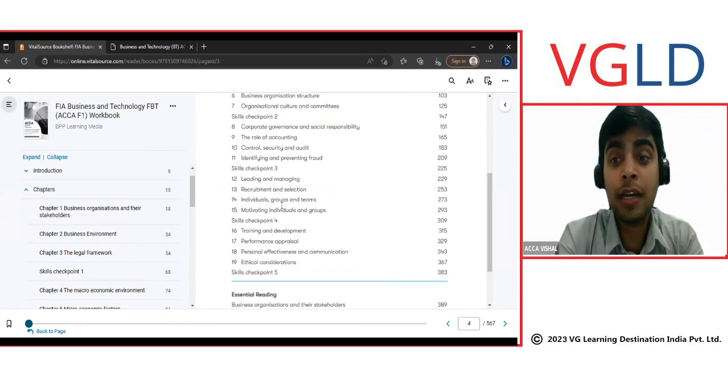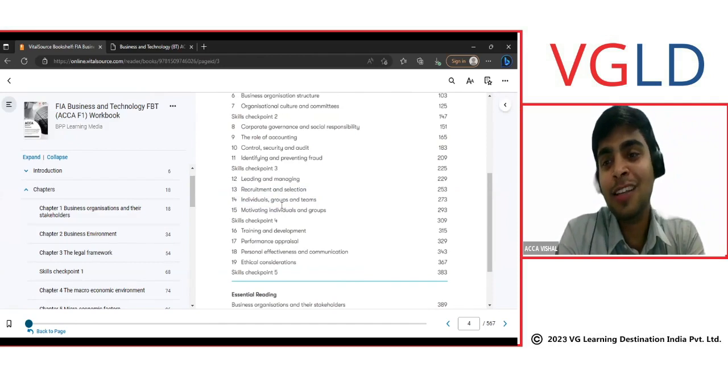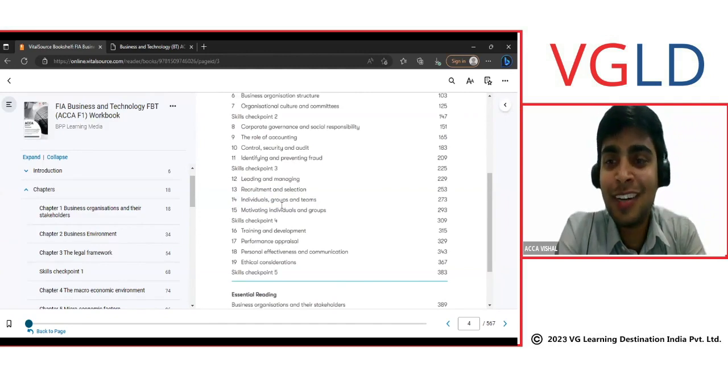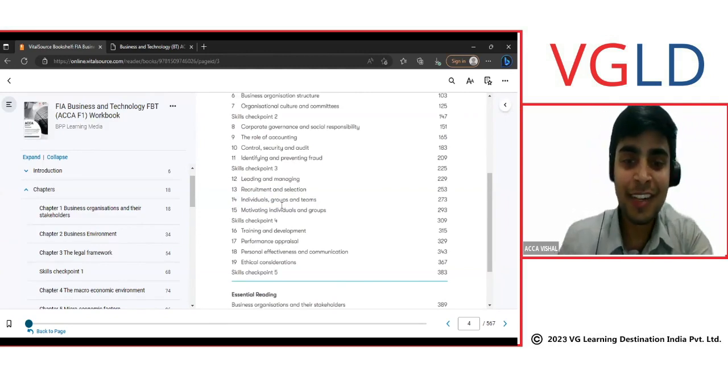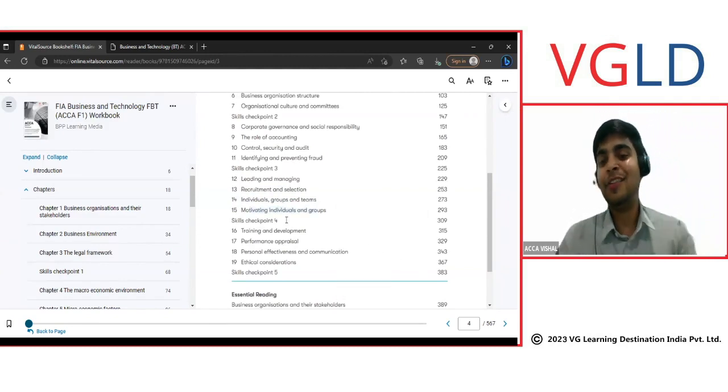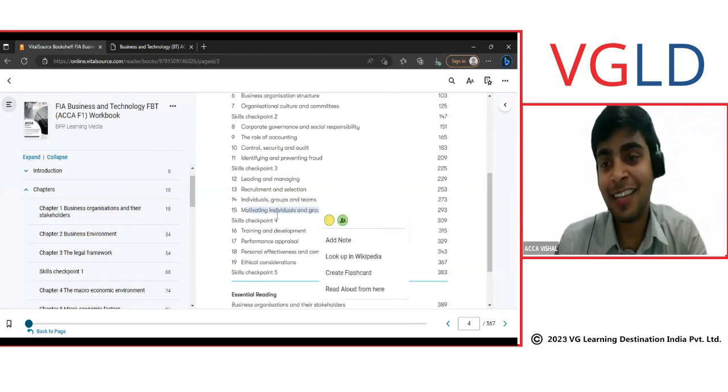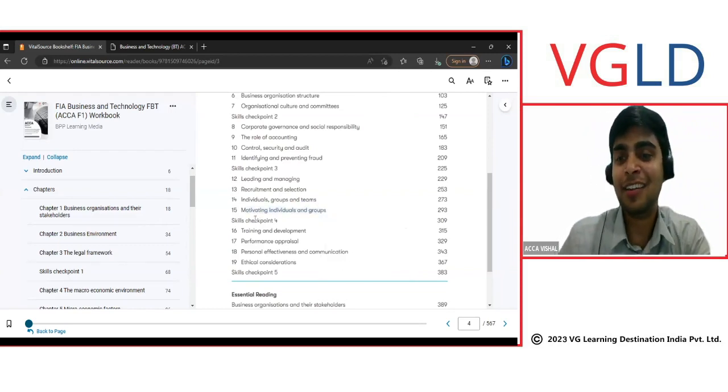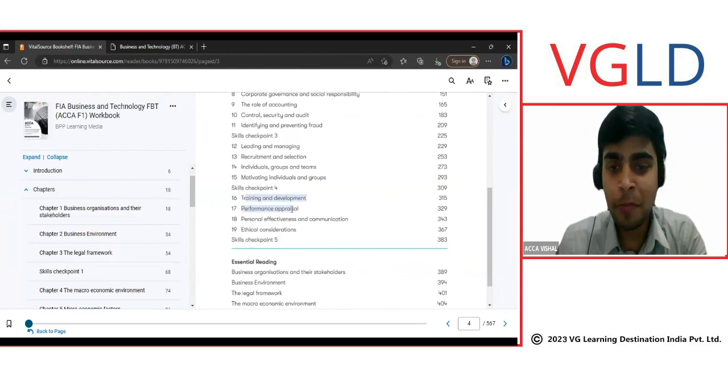The people who run it are individuals, and they are mostly employees. So we are going to learn a lot about them. I'm an employee, so I know the sentiments here. I'm not sure whether as a student you'll be able to relate with me or not, but no worries. Then there will be motivating individuals and groups, a topic I find very funny. Then training, development, and performance appraisal.